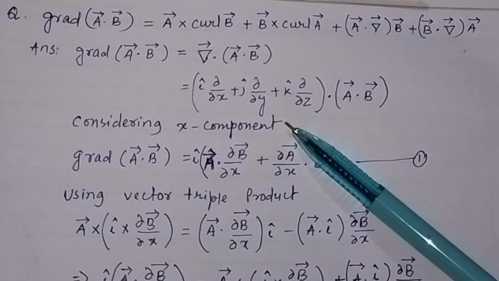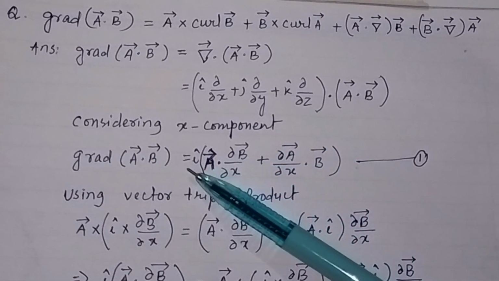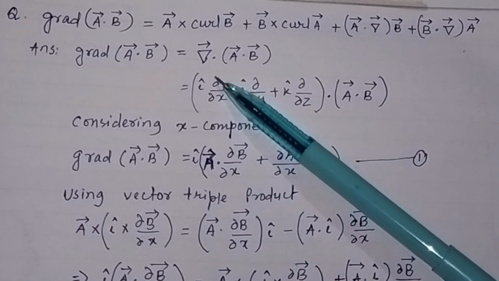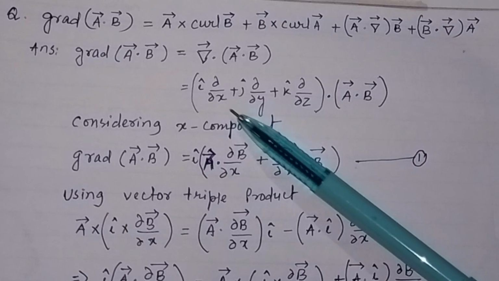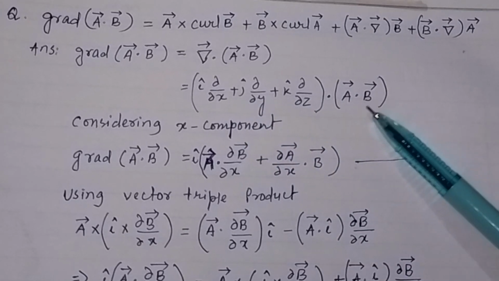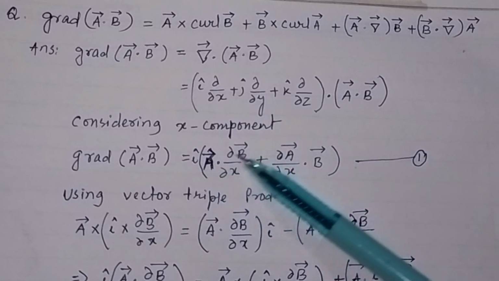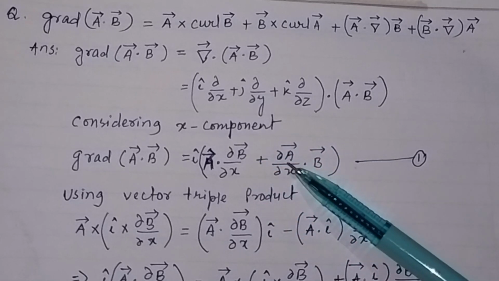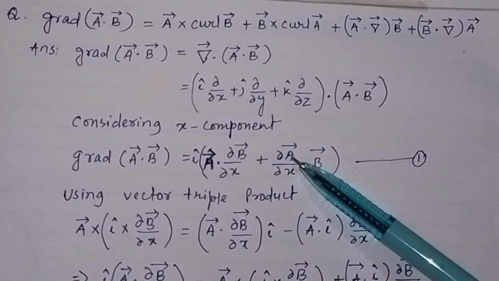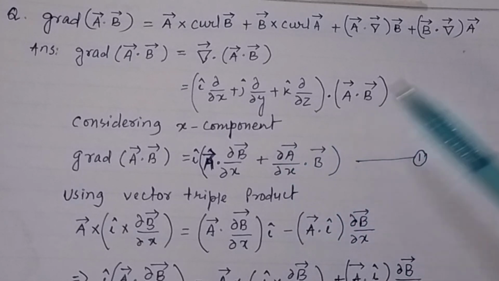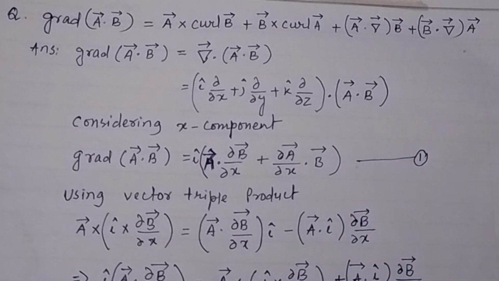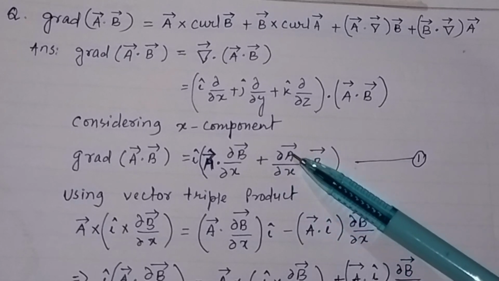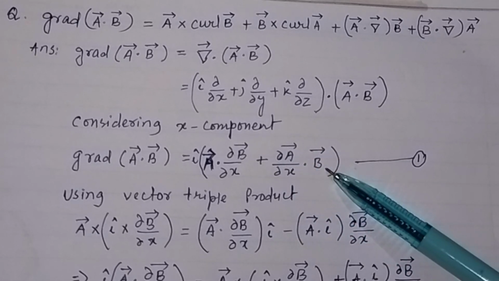If you consider the x component, then gradient of A dot B will be equal to i cap partial derivative with respect to x of A dot B, that will be equal to i cap times the first function dot the partial derivative of the second function, plus the second function dot the partial derivative of the first function, or here I have written the partial derivative of the first function dot B.